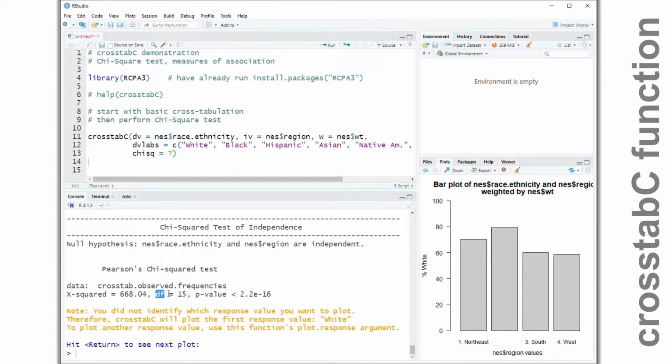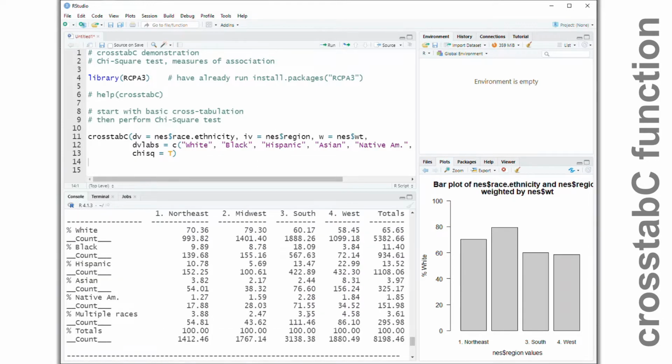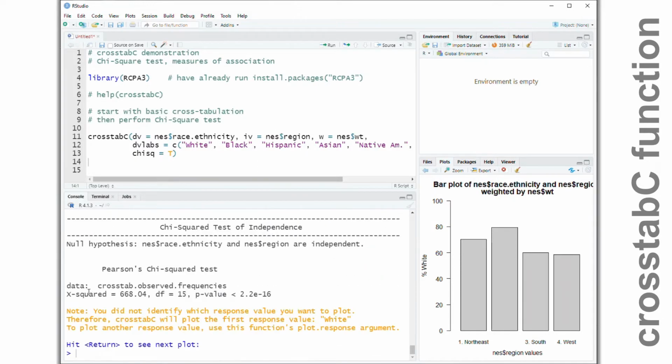I want to make a brief comment on this part, df equals 15, of the chi-square test of independence results. This stands for degrees of freedom equals 15. What does that mean? That means that the chi-square test statistic is based on 15 independent data points. The degrees of freedom for the chi-square test is analogous to the n of a sample for descriptive statistics.